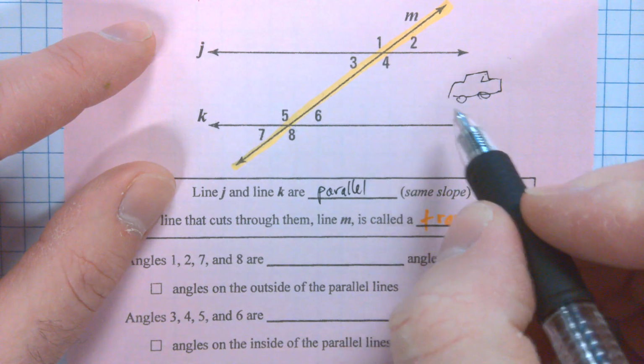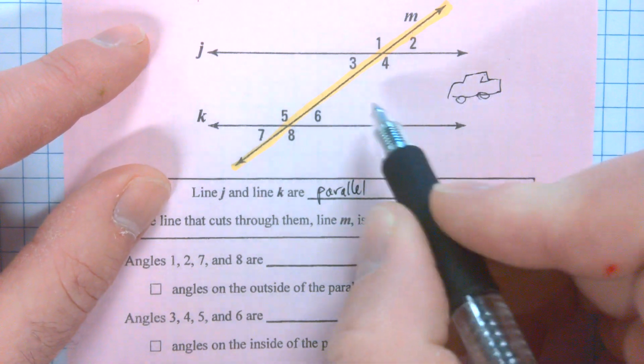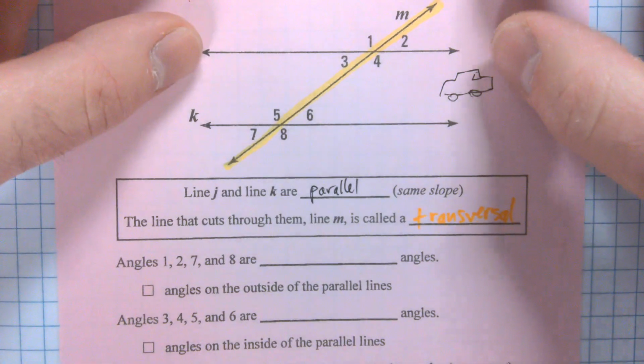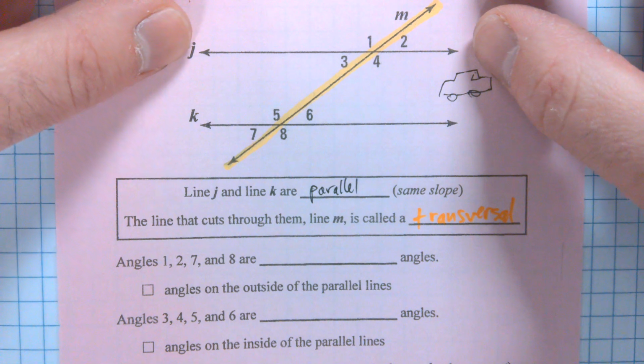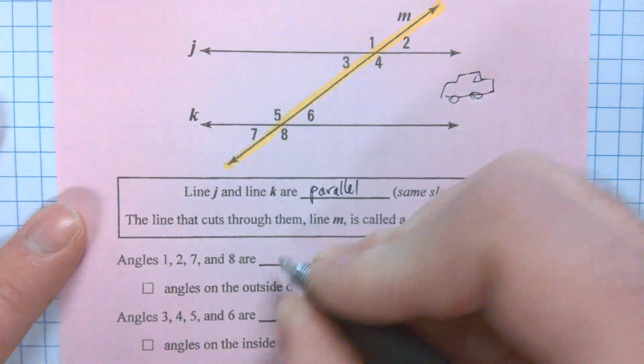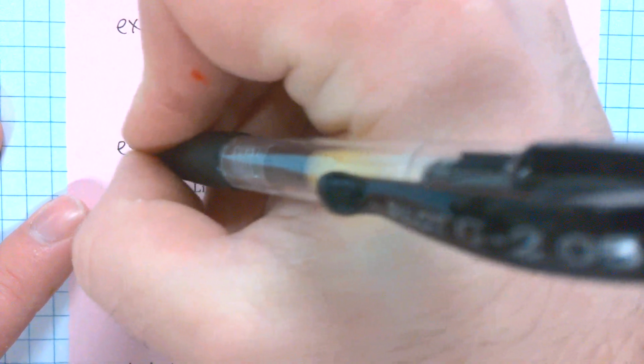So this car has to stay in between those two lines, which means that above line J and below line K, that is the exterior. That's what we're going to call that. Exterior.